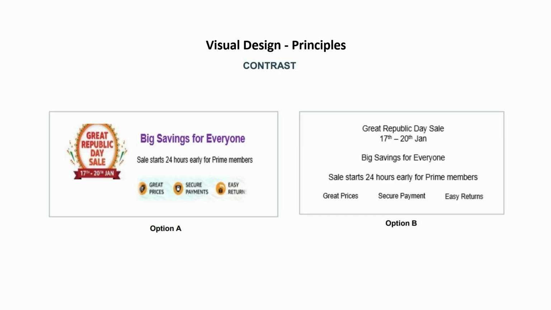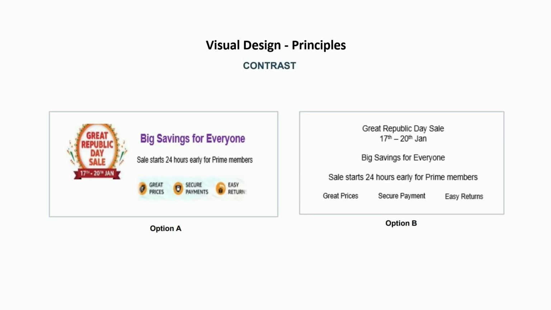Then I would read these: great prices, secure payments, easy return, and then finally the sale starts 24 hours early for Prime members. So something like this is most likely on Amazon, and they're looking at some kind of Prime membership, or it could be a different company, right? So the contrast here is very clear.